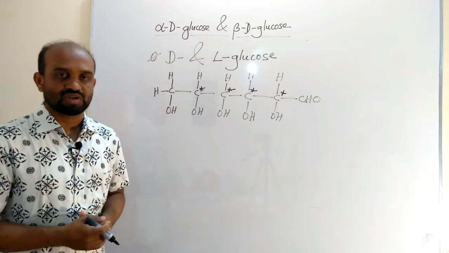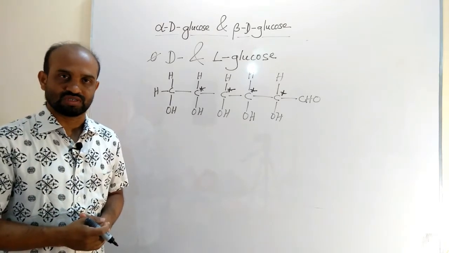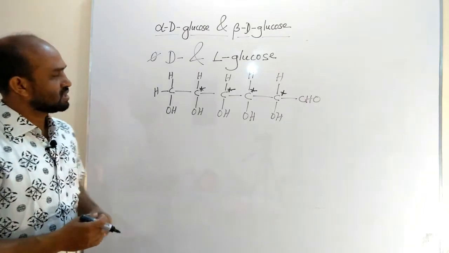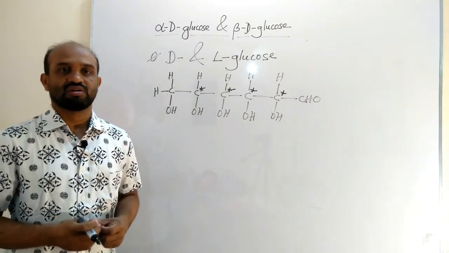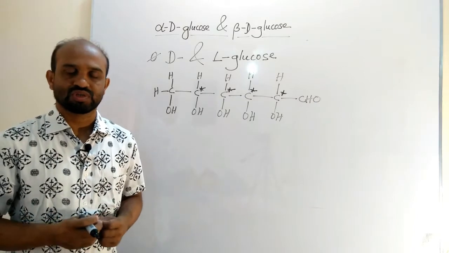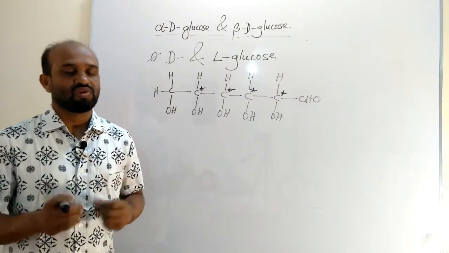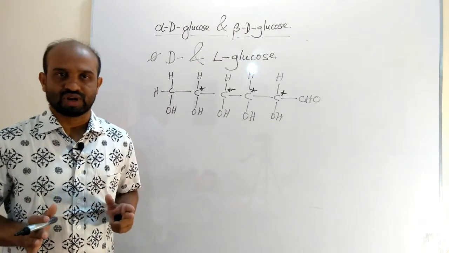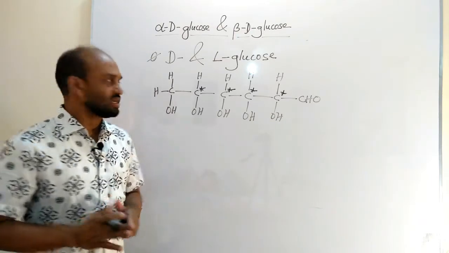So let's try to recall what chiral carbon is. According to the definition, it is the carbon with 4 different groups in its 4 hands. This is chiral carbon. Let's see here.